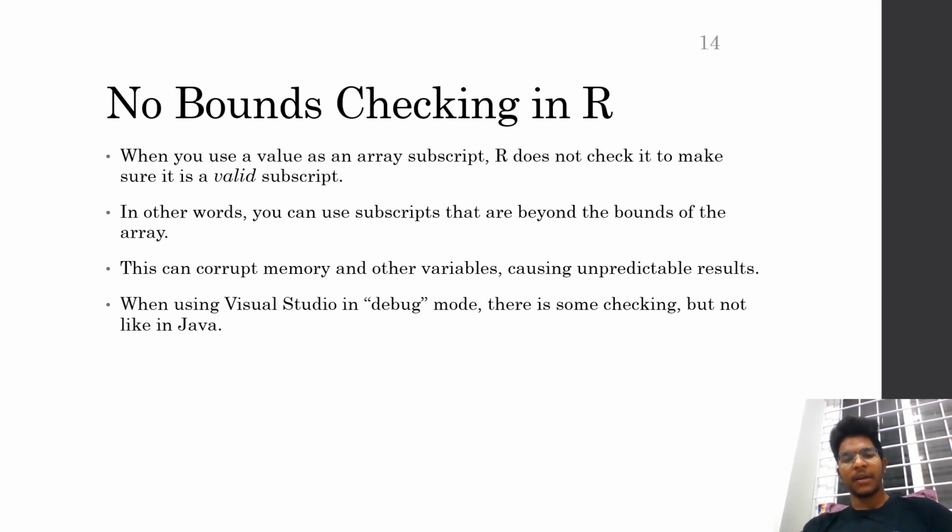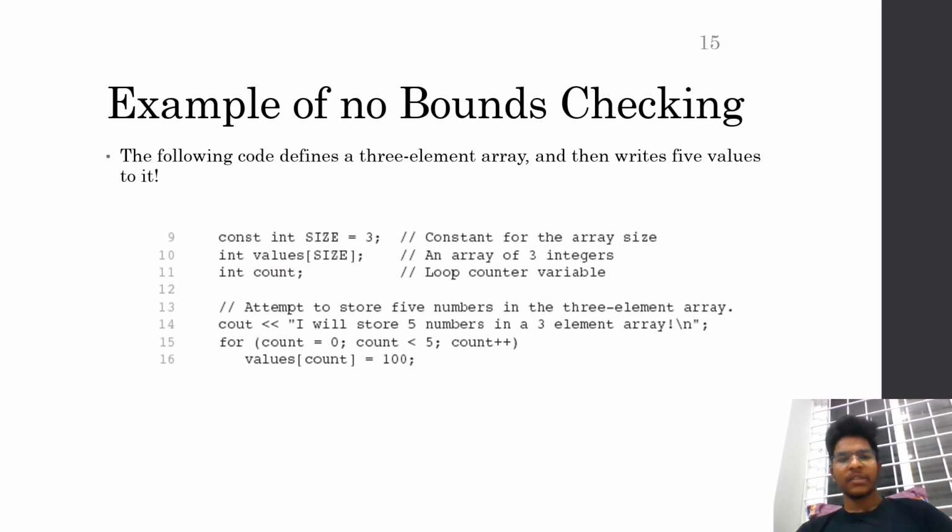This can corrupt memory and other variables, causing unpredictable results. When using Visual Studio in debug mode, there is some checking, but not like in Java. Example of no bound checking: the following code defines a 3-element array and then writes 5 values to it, and you can check the code.